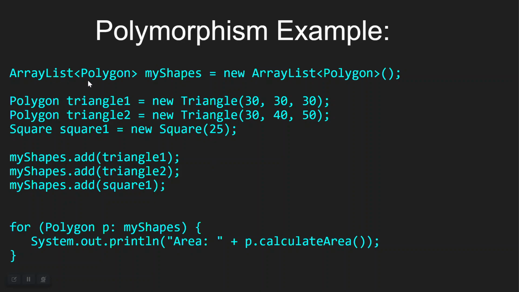So up here, I've got an array list of polygons. I'm calling it my shapes. And of course, I'm using the superclass type up here because I want to be able to take advantage of polymorphism. Then I'm going to instantiate three objects here. I'm going to do Polygon triangle1 equals new Triangle, and then Polygon triangle2 equals new Triangle.